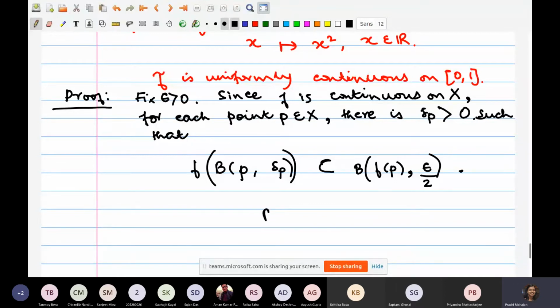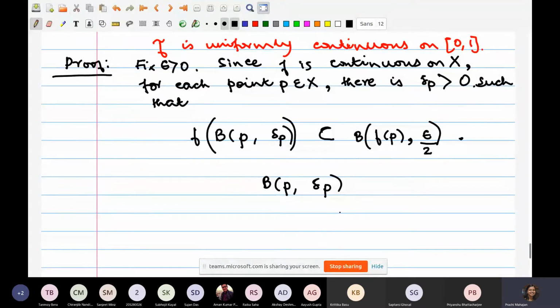Now, what am I trying to say? So you look at these balls, delta P, right? Now this gives an open cover of the set X. So note that as I allow P to vary over the set X, then this is an open cover of X. What does it mean?